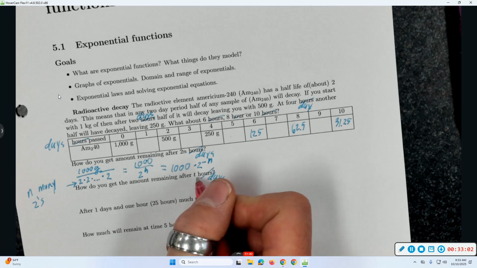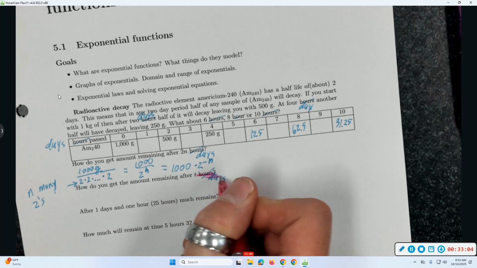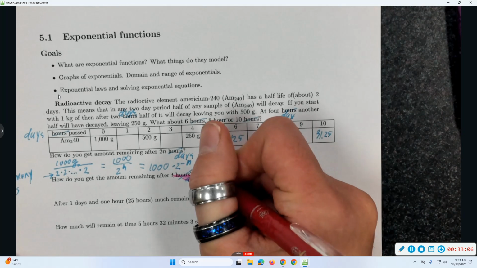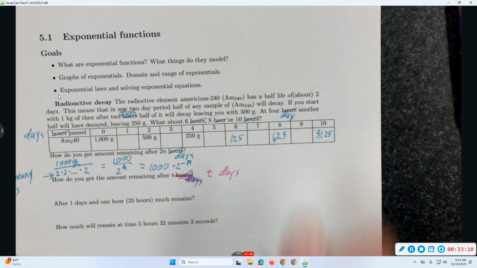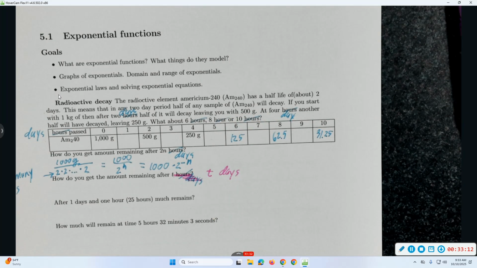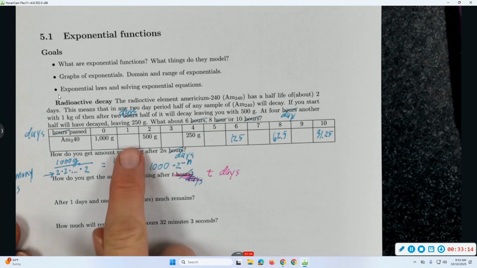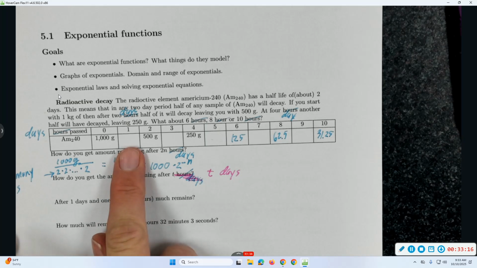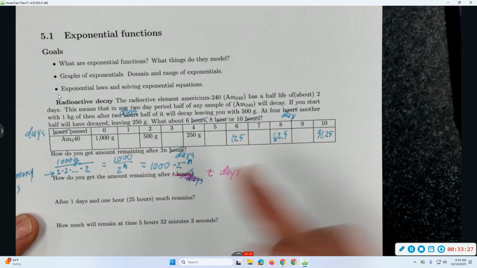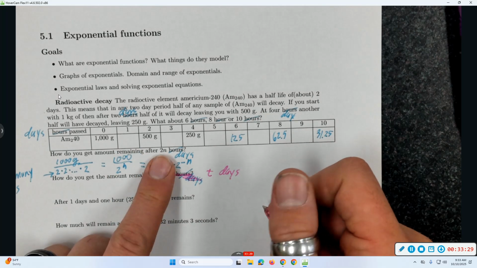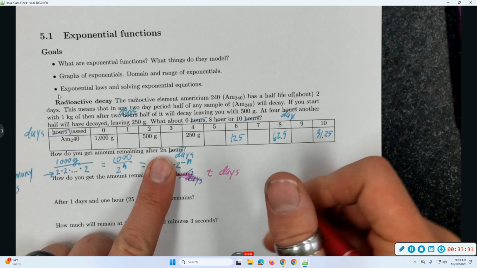What about this? What if I don't tell you that it's been 2n many days, but I just say it's an amount of t measured in days? Then how would you figure out how much is left at 1 day? Let's think about this formula. So I know how much is left at 2n many days.